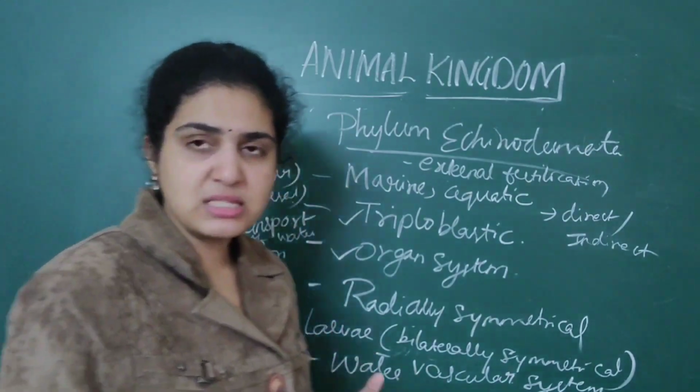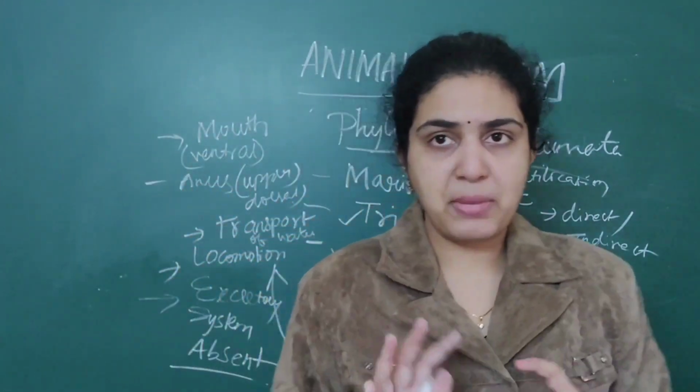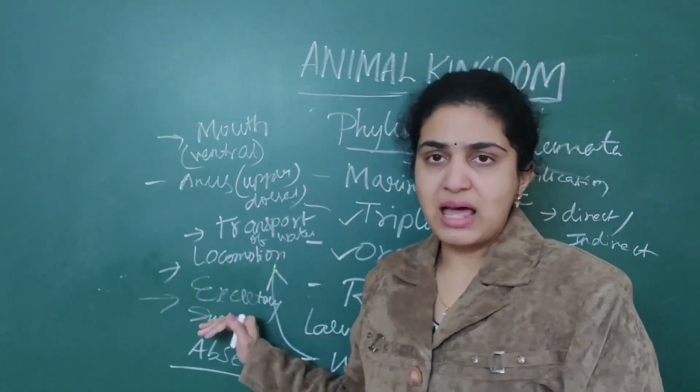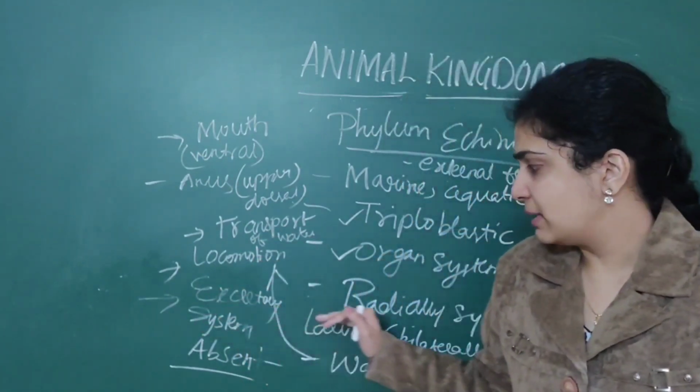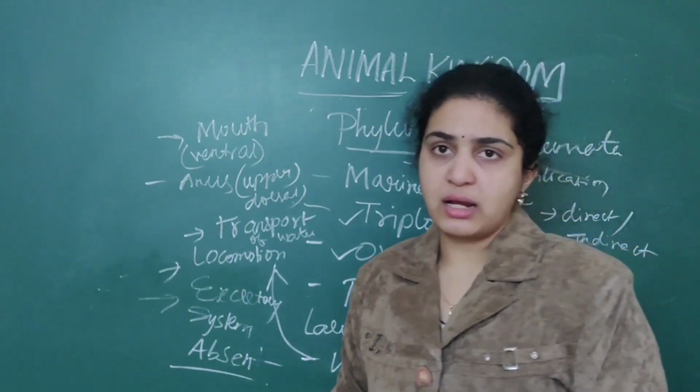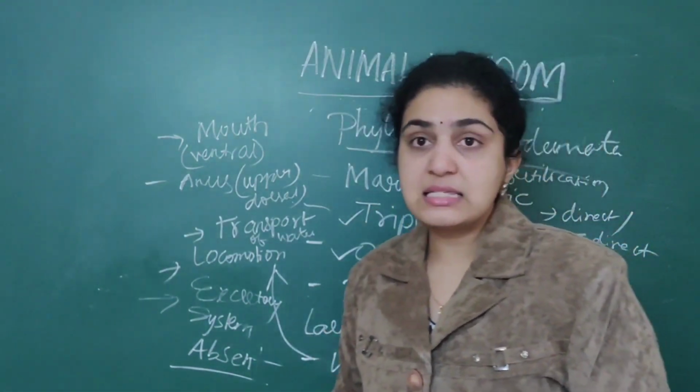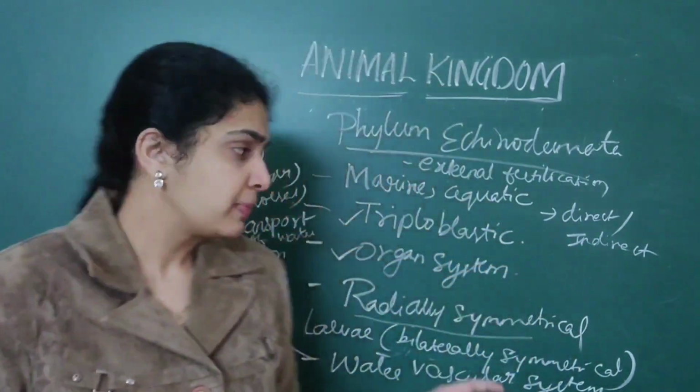First, as we have learned in sequence, they are marine animals. They are triploblastic, we all know. They exhibit organ system level of organization. Next important point is they are radially symmetrical animals.